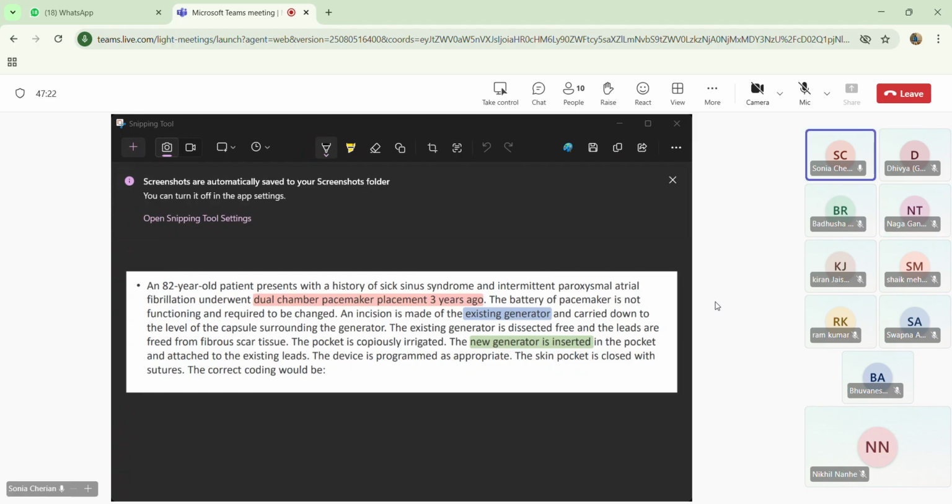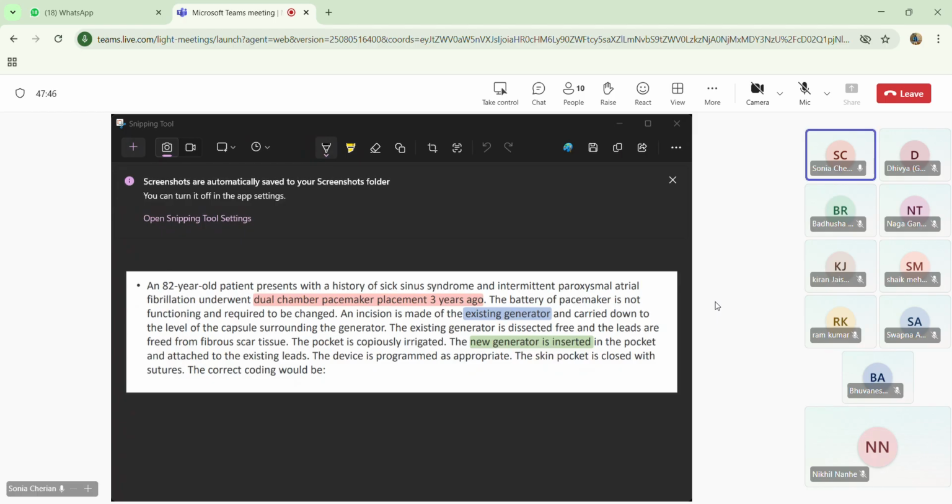Yeah. So they will mention whether it is dual chamber, single chamber, or multi-chamber. 99% they will mention it. But by chance, if they don't, then you need to read the op chart fully. They will mention in the electrodes, one electrode is in the right atrium, one electrode is in the right ventricle.